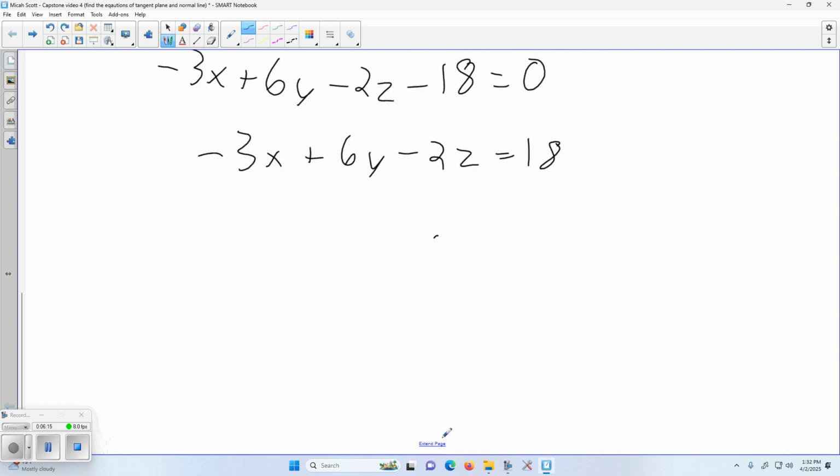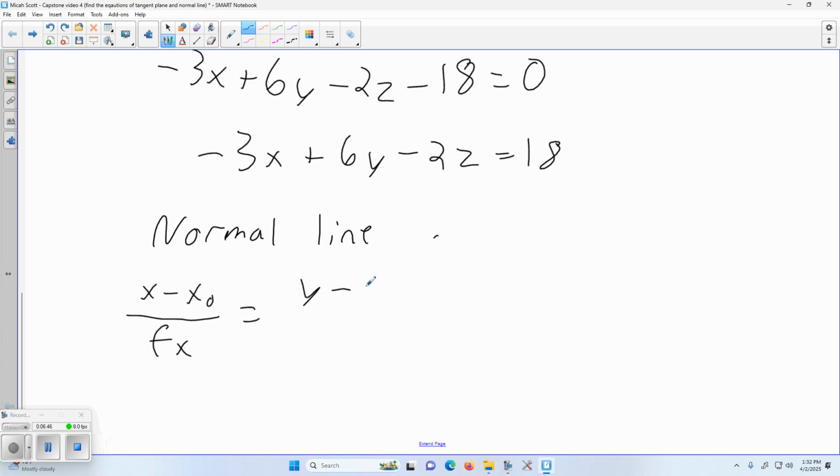The normal line equation reads such that the information from the tangent plane will fill in: x minus x0 over what we have for the partial with respect to x, equals y minus y0 over the partial with respect to y, and the same thing with z.